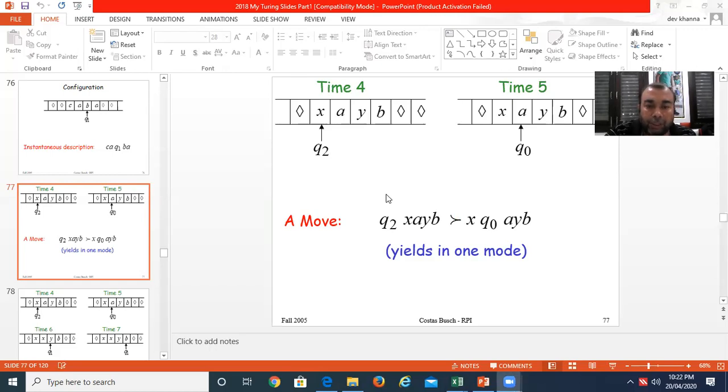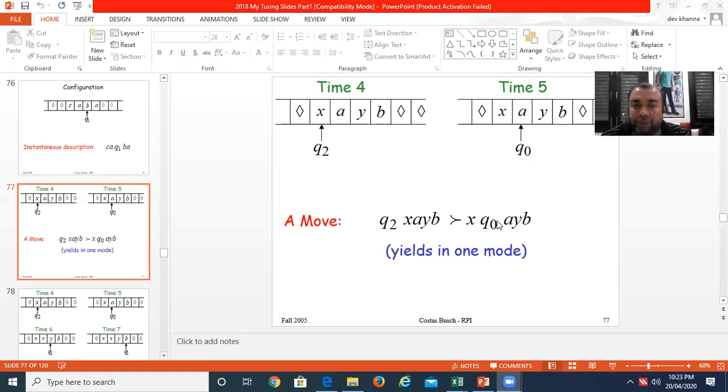So this move says that you are in state Q2. You have to read X, A, Y, B from the input tape. And in the next instance, you have switched from Q2 to Q0.